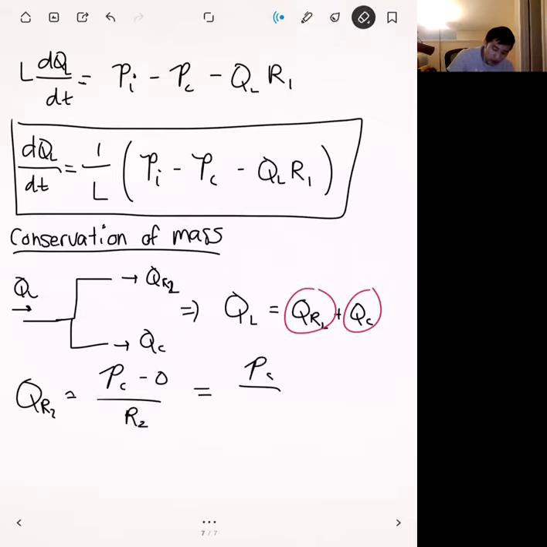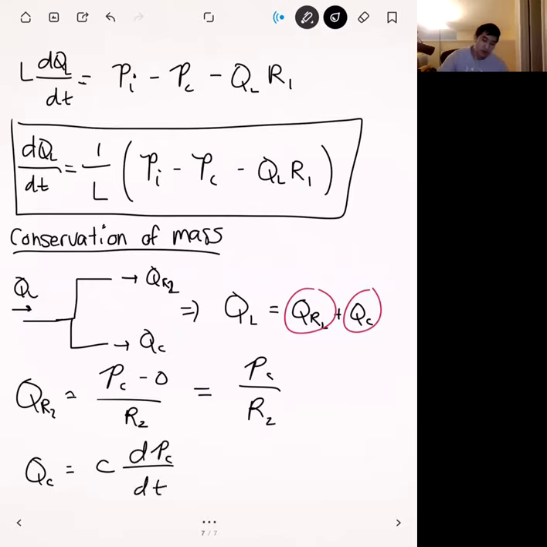So we have PC divided by R2. Next, for QC, we just input the equation for the capacitor, so QC is C dPC/dt.